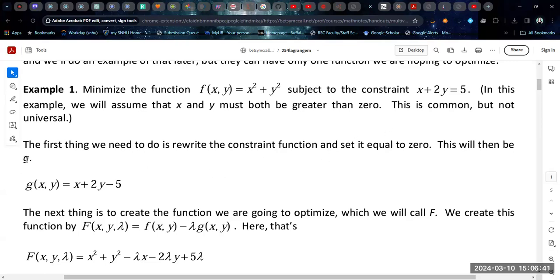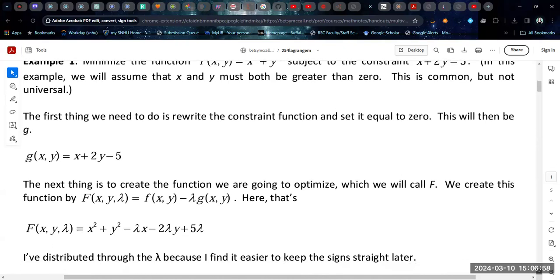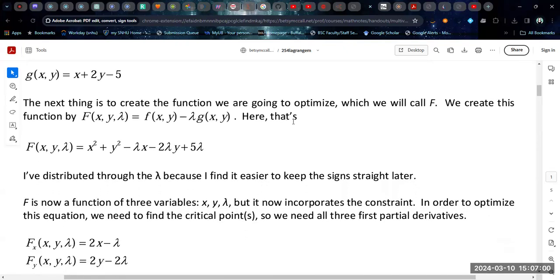Now, the first thing that we're going to need to do is construct our function g as a function of two variables. Essentially, we're going to put everything on one side of the equation, set it equal to 0, and then that will become our g function. So here, we're going to move the 5 over, and then that is going to be our g. Now, the next thing that we're going to do is create the function we're going to optimize, which I'll call capital F. And we create this function, again, without the gradient analysis.